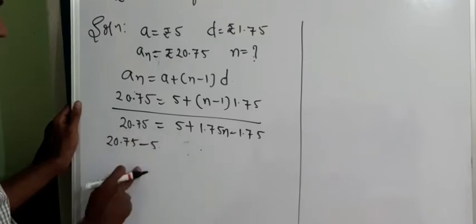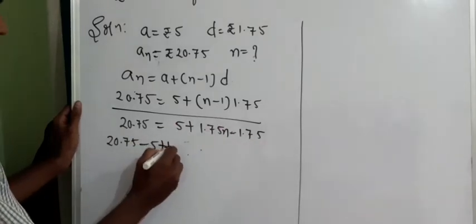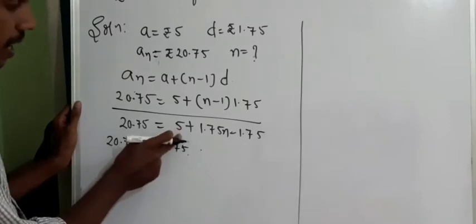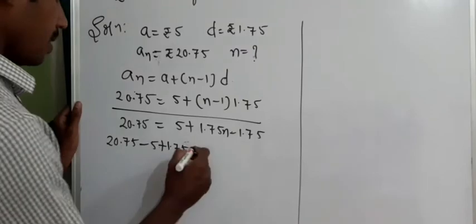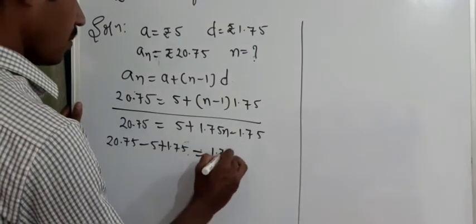See, this 5 and minus 1.75, I transfer to the left hand side, is equal to 1.75 n.